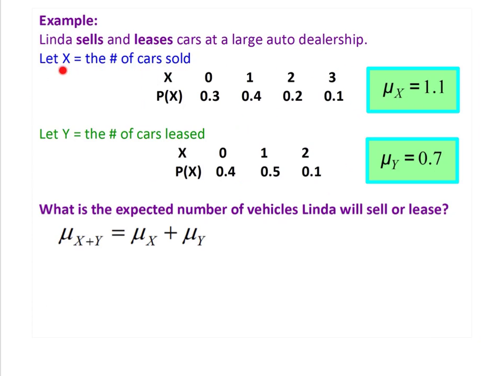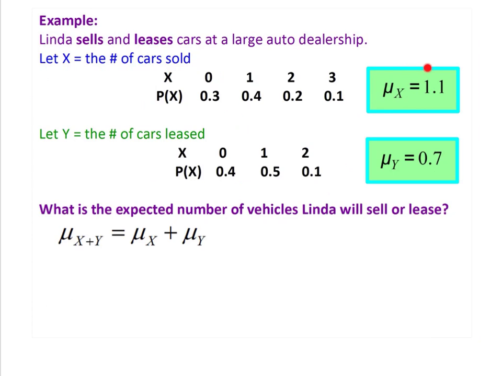So for the X distribution, which is the cars sold, I found the mean of that distribution to be 1.1. So this is a review of the previous video, how to find the mean of X. Quick overview, I multiplied 0 times 0.3 and then added it to 1 times 0.4, added it to 2 times 0.2, added that to 3 times 0.1.